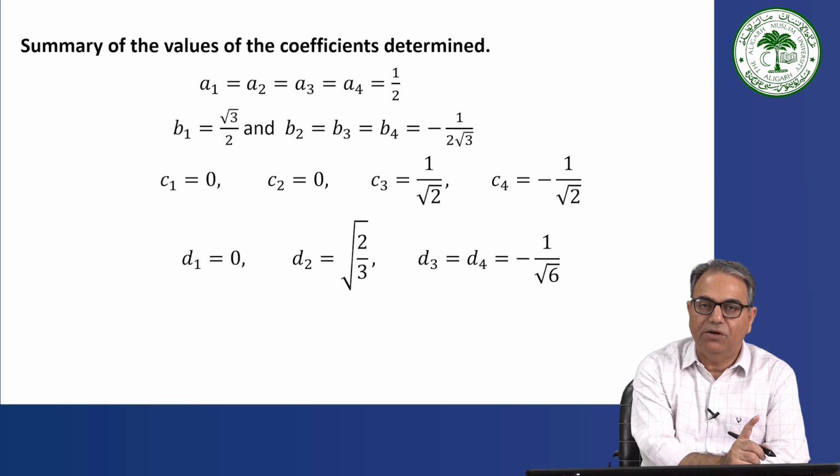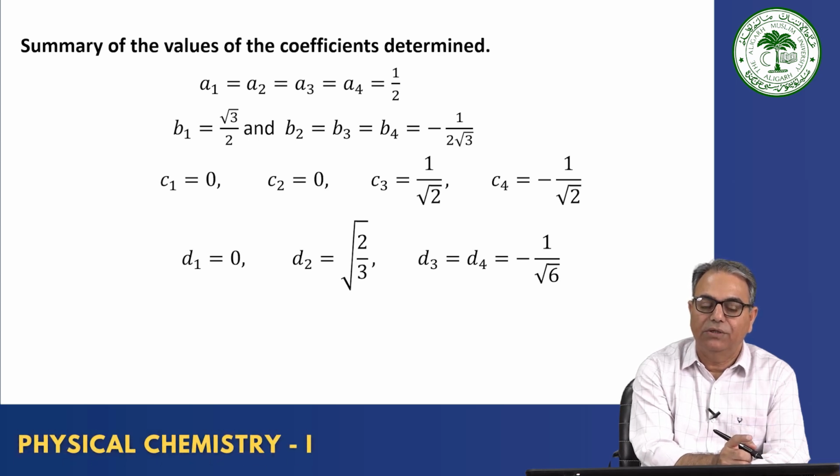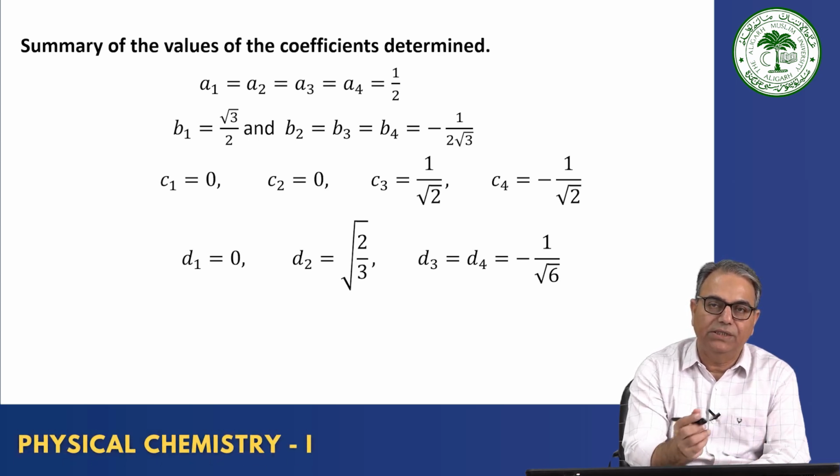C1 you have for the py orbital in the psi1 function. So what you want to say is that in the first hybrid lobe, represented by psi1, py does not contribute. Then you have c2 equal to 0. So in the second function also, py does not contribute. So the two conditions are different.